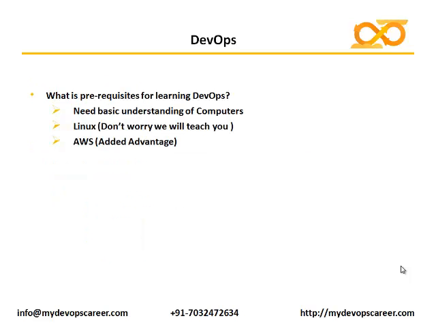What are the prerequisites? You only need a basic understanding of computers. If you have Linux knowledge, good. Otherwise, we will fill in that gap. AWS is an added advantage. But anyhow, in DevOps we will focus on you and give you a lot of good stuff to work with and to get the job.